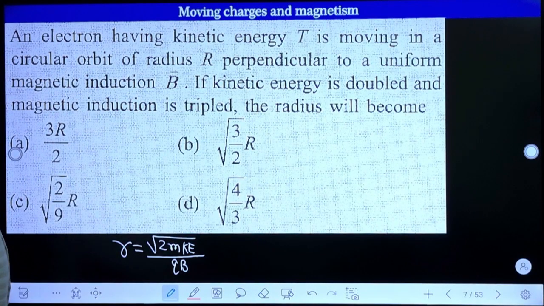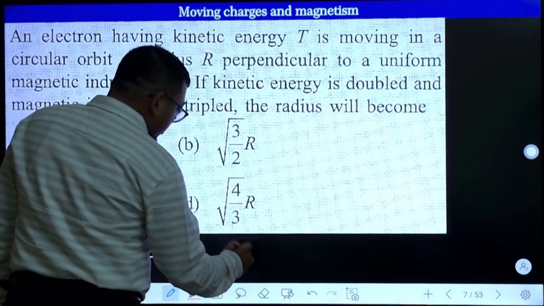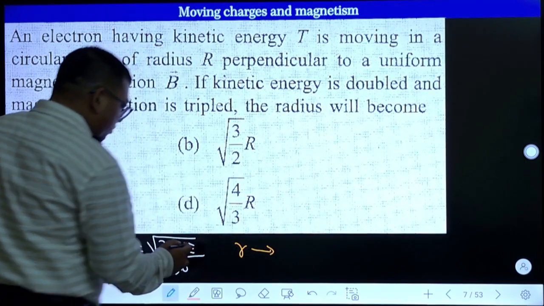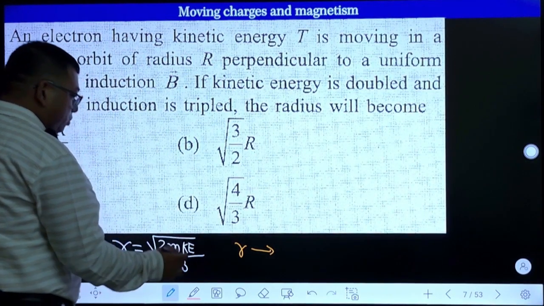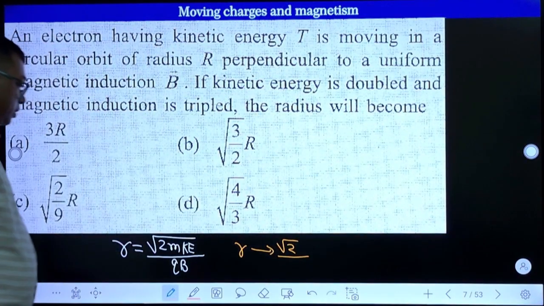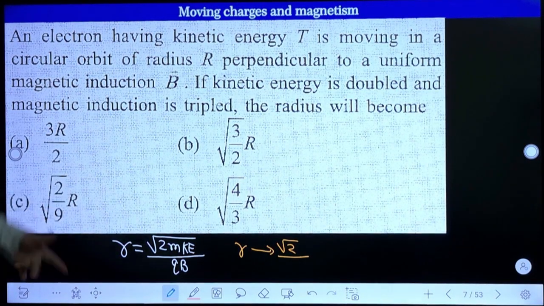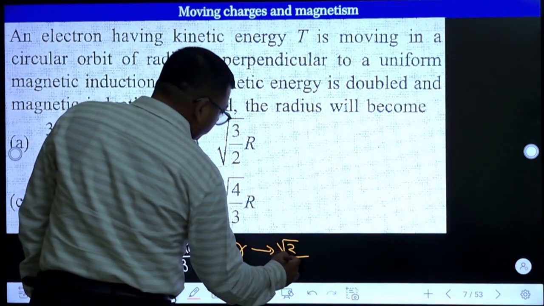Now let us see what they say. Kinetic energy is doubled. So if you double the kinetic energy, how will the radius change? If you double, then root 2 times will come. Root 2 factor will come in the numerator, right? And what about the magnetic field? Magnetic field you triple. So root 2 by 3.